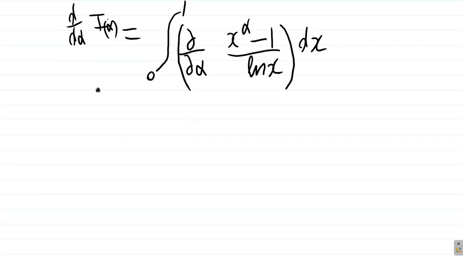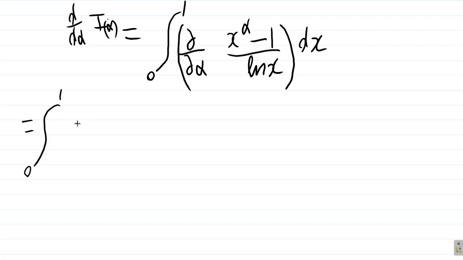So let us take this. This is equal to the integral from 0 to 1 of, let's treat x for now as if it is a constant. Right? I know the bracket is there, but I don't want to crowd the screen too much.